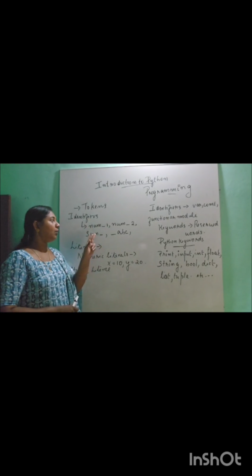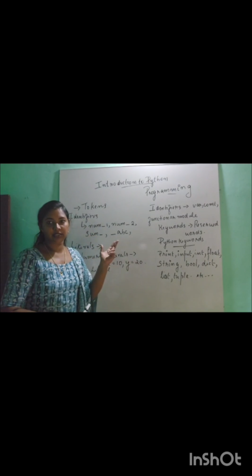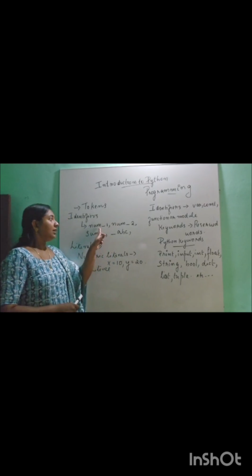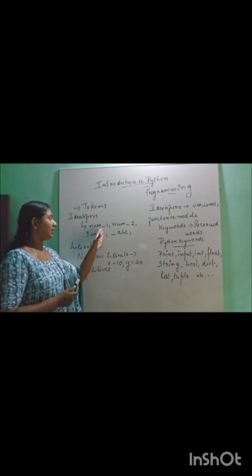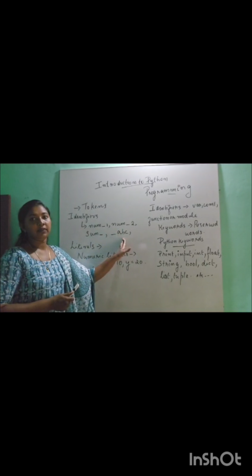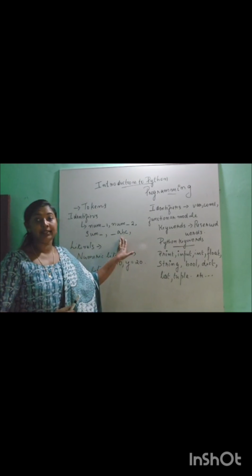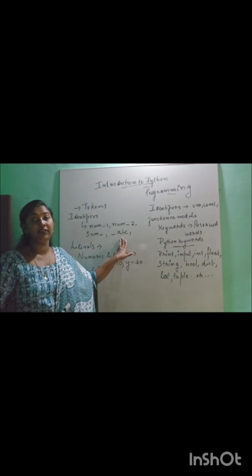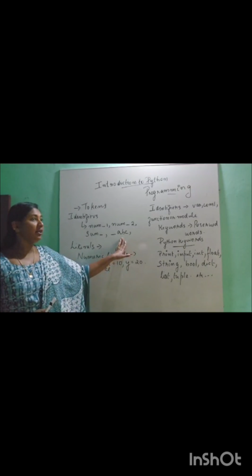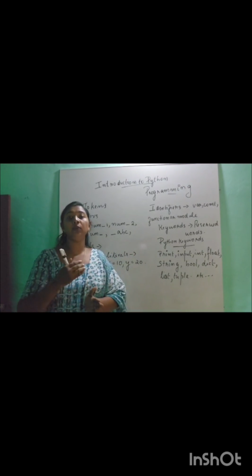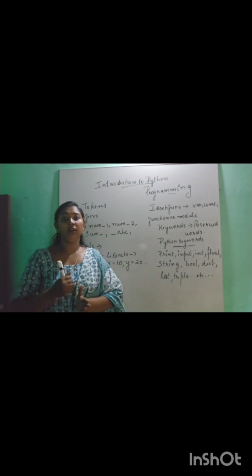So how do we name these variables or functions? There are certain rules for naming them. Here I have written some variable names. These are all valid identifiers. How can you distinguish between a valid and an invalid variable name? What are the rules governing the naming of variables?